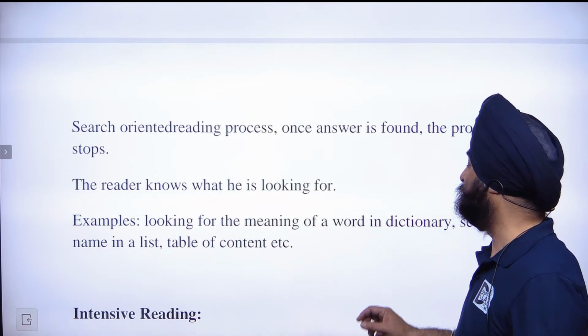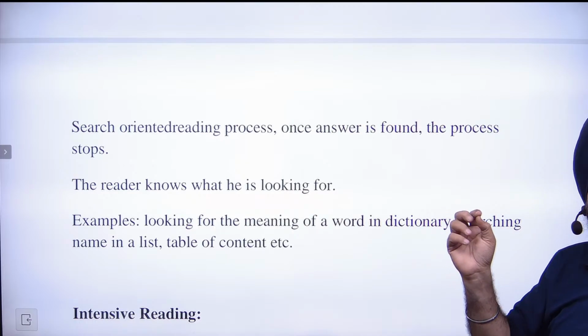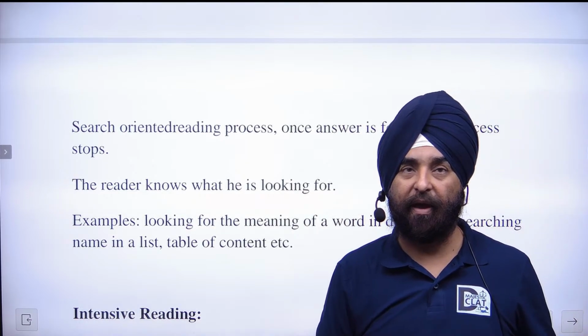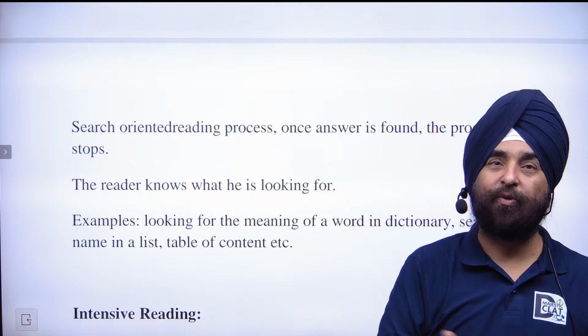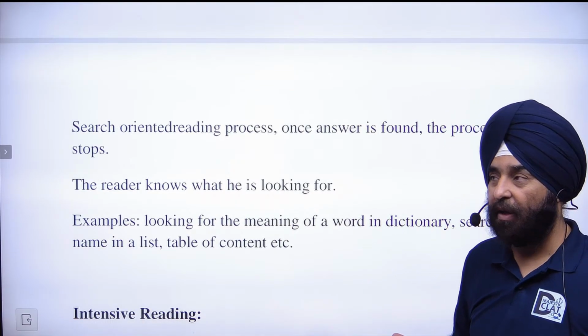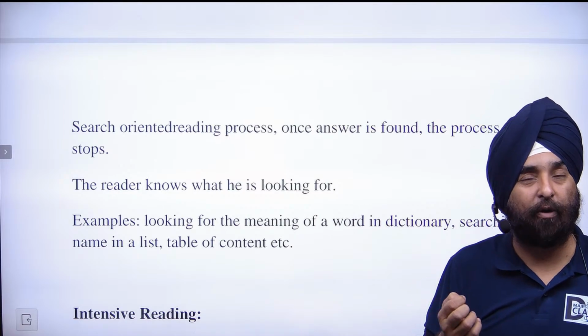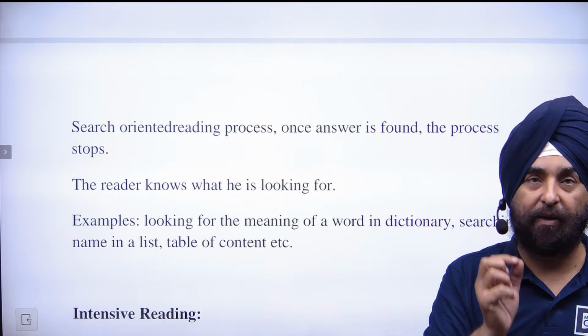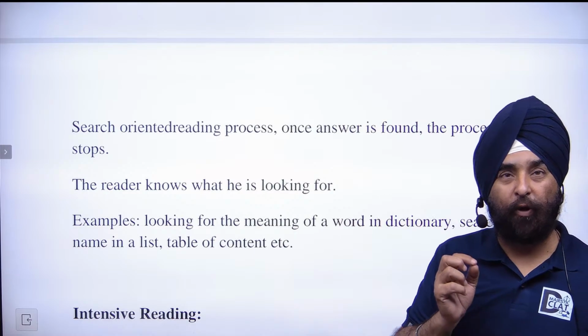When we are searching for the meaning of a word in a dictionary, we will not flip through each and every page of the dictionary. Say, for example, we are looking for the meaning of the word unique. What would happen?